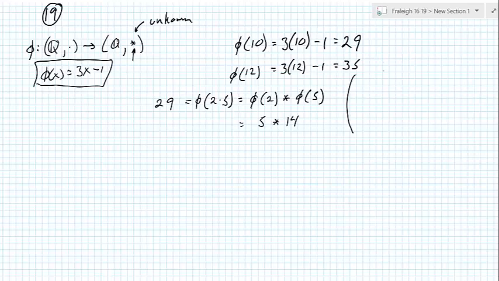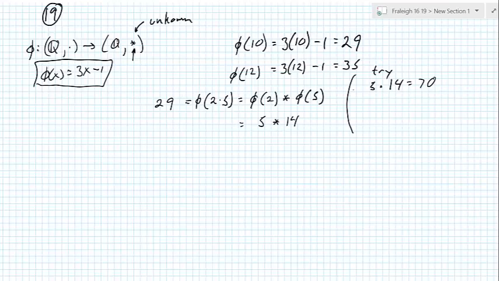Now we can try the operations that we know already on the rationals. For instance, we can try 5 times 14 to see if it's actually just ordinary multiplication. Well, 5 times 14 is 70, right?